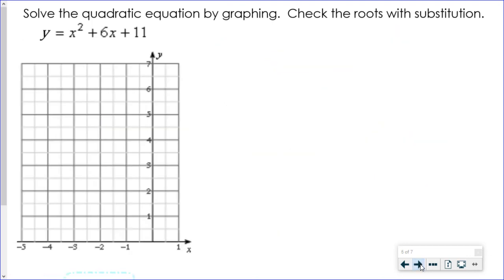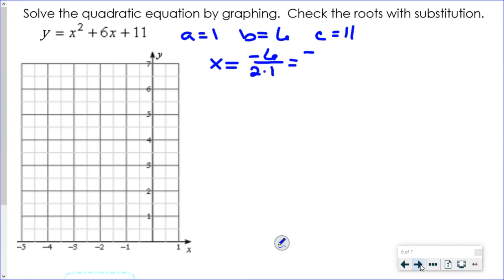Okay, let's do one more. Okay, so A is 1, B is 6, C is 11. So my axis of symmetry is the opposite of 6 over 2 times 1, which is -3. And then I can start making my table.